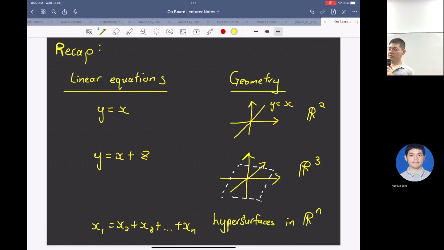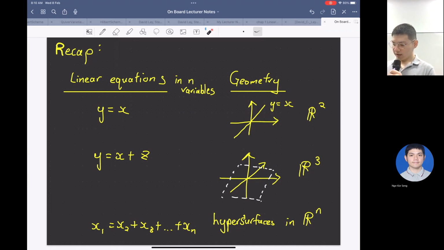So in general, a linear equation in n variables traces out a hypersurface in R^n. The most important thing to keep in mind is that when you see a linear equation, it traces out a surface. What surface? In low dimension, you can think of a line or a plane.